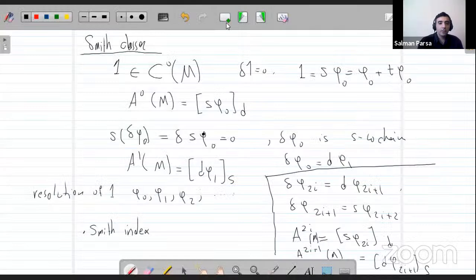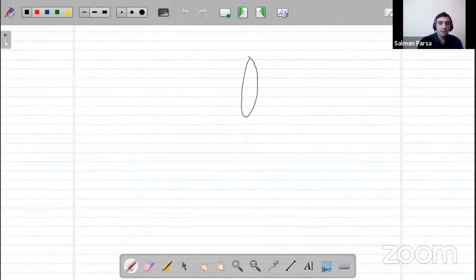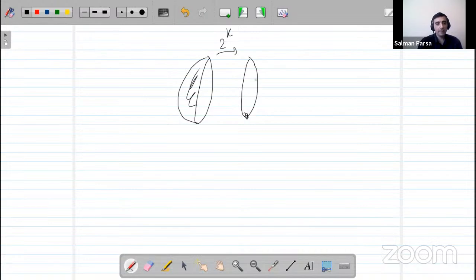So let me go to my notebook. I can draw an example here. Let's say again we have this edge here. So now we have this chain, and if now we attach it with a map of degree 2 to the k, and we look again at this, the cohomology here will have elements of order up to 2 to the k.